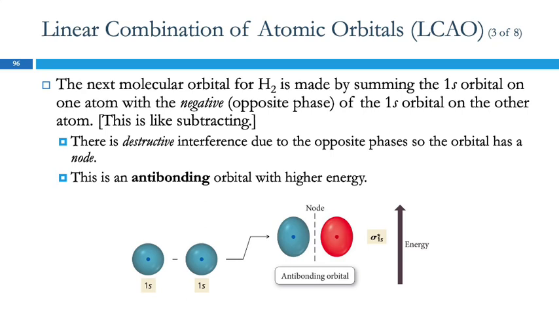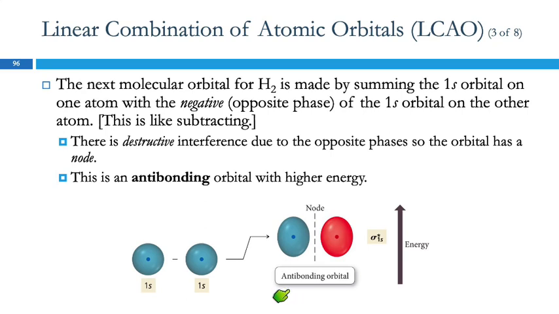So in essence, this is like subtracting. Instead of constructive interference, this is destructive interference. Just like those waves that ran into each other, the ripples in the lake, they canceled each other out. So here, these are canceling each other out right there in the middle. There's a node in the middle where the electrons cannot be.